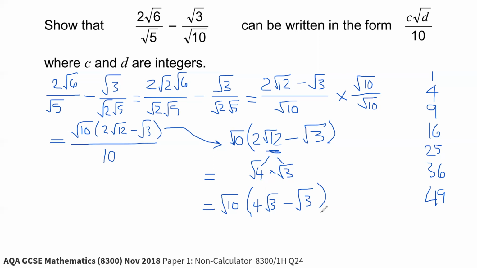This is where your algebra principles come in really, really handy. If you've got 4x minus x, you wouldn't hesitate to say that's 3x. We can do exactly the same with these surds. So we can leave the root 10 as it is, and then simplify this. 4 root 3 minus 1 root 3 is the same as 3 root 3, in exactly the same way you would do it if it was algebra.